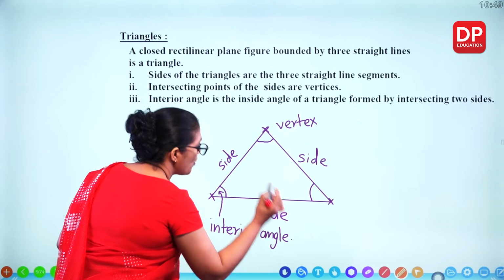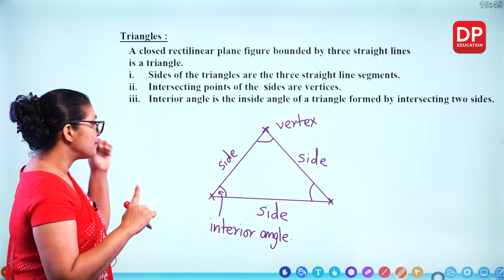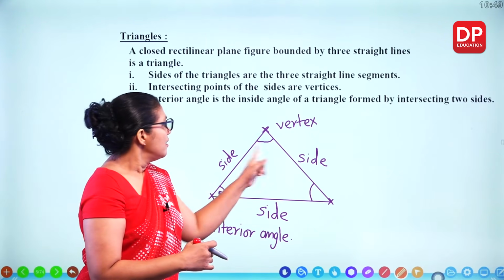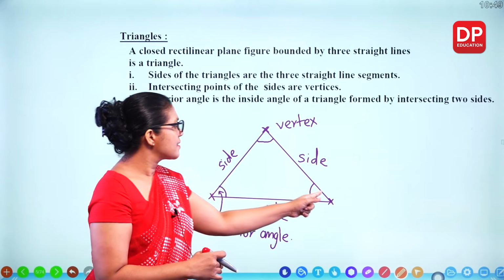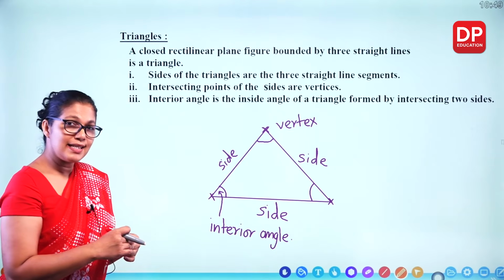So when you take a triangle, that's a polygon, you get 3 lines intersecting. So we call those sides, and vertex points are there, and you need to know what interior angles are.